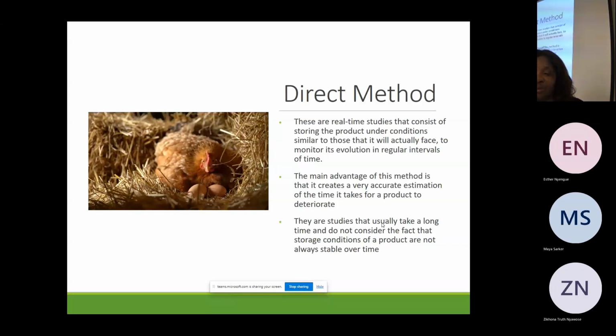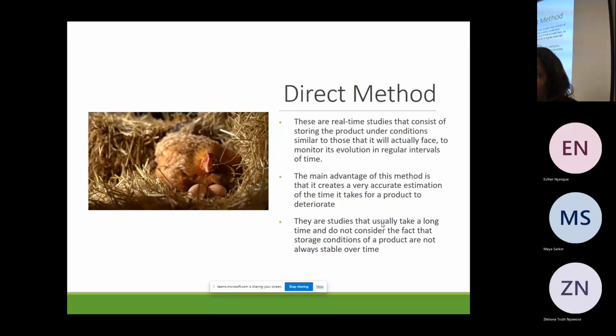And the main advantage of this method is that it creates a very accurate estimation of the time it takes for a product to deteriorate. And also, these studies usually take a long time and do not consider the fact that storage conditions of a product may vary from time to time.